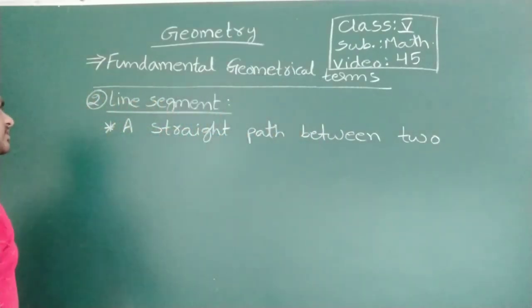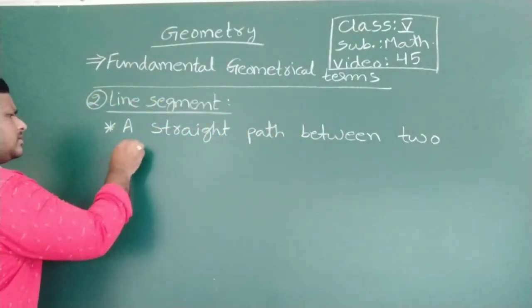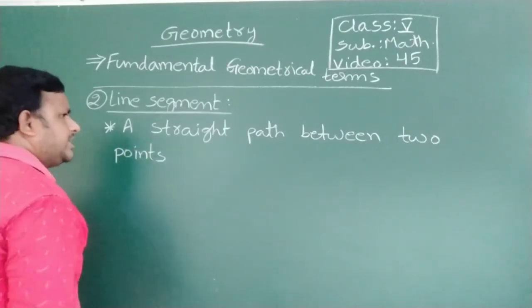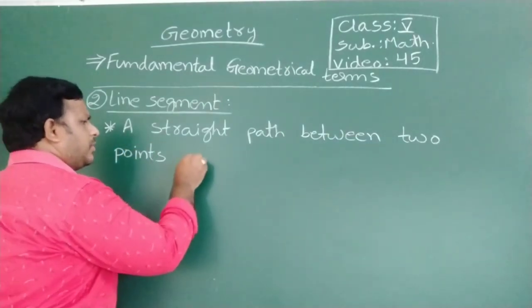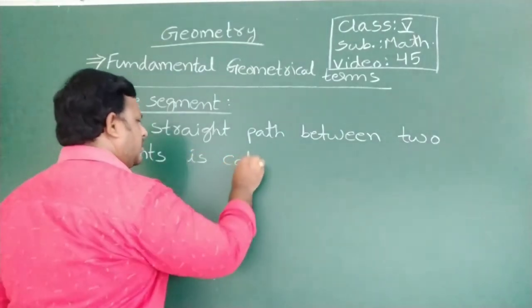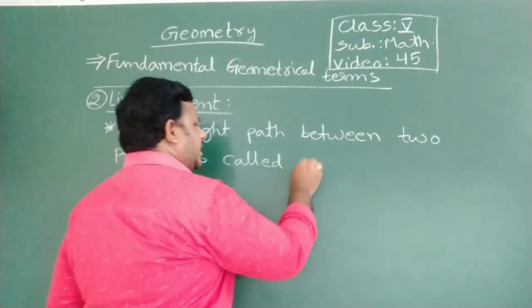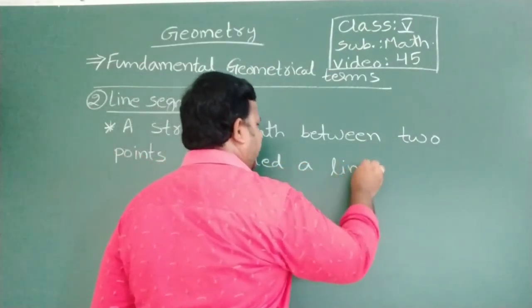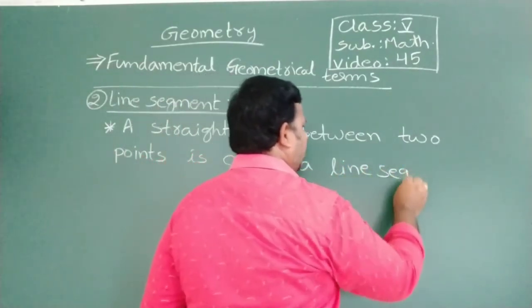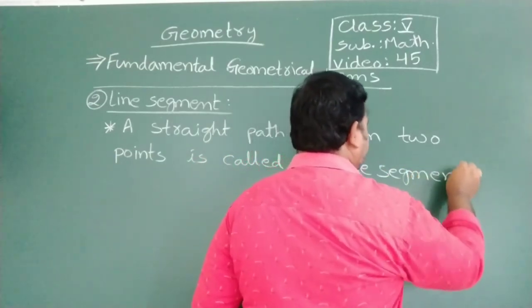A straight path between 2 points is called a line segment. What we will call? A line segment.